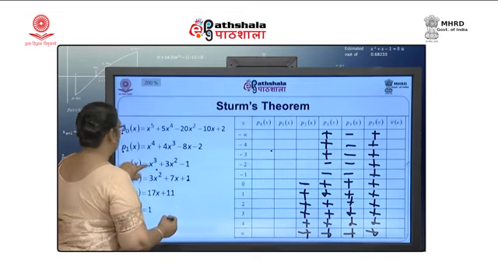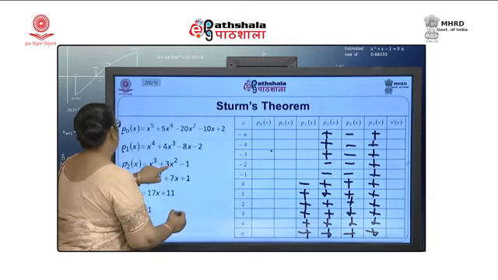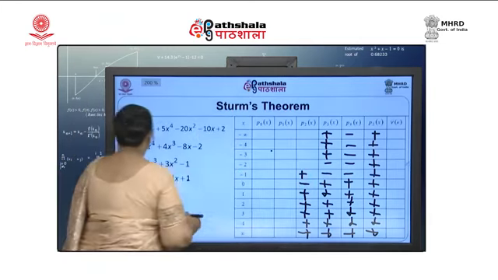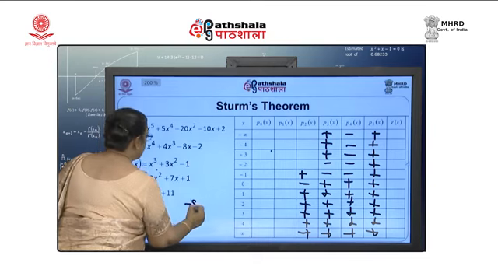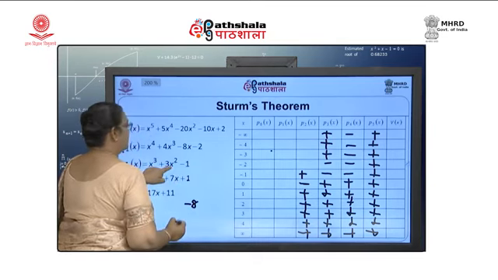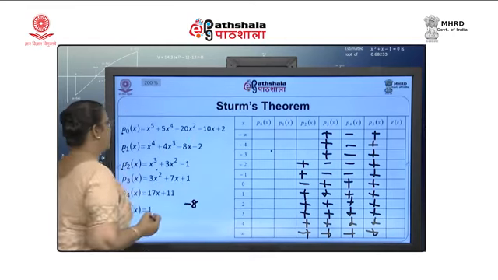Let us see when. X is minus 1: minus 1, minus 1, 2, plus 3, so it is plus. When x is minus 2: minus 8, minus 1 is minus 9, plus 4 into 2 is 12, so this will also be plus.